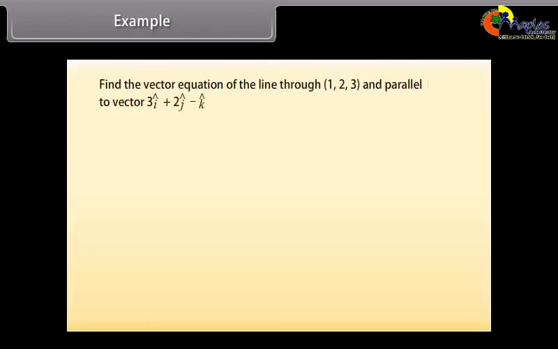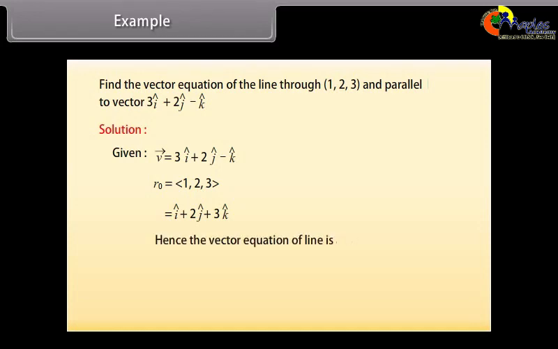Example. Find the vector equation of the line through (1, 2, 3) and parallel to the vector 3i plus 2j minus k. Solution. Given vector v equals 3i plus 2j minus k. R0 equals (1, 2, 3) equals i plus 2j plus 3k.